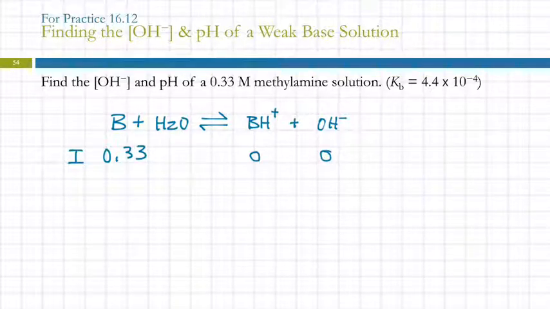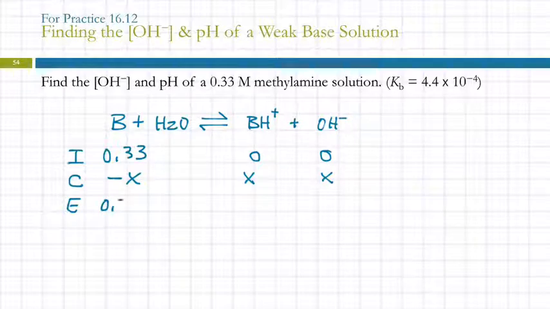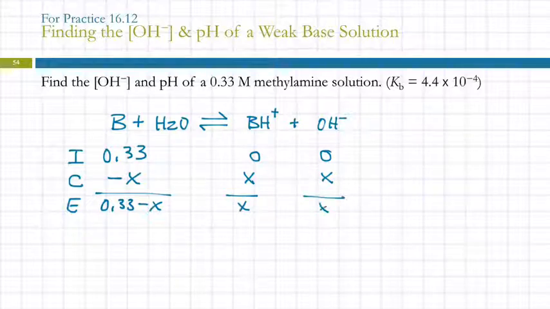So that's 0. So then for change, this is going to decrease, this is going to increase, this is going to increase, and that's all the x's again. So 0.33 minus x, x, and x.